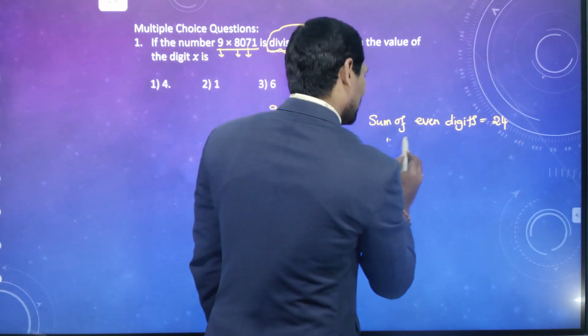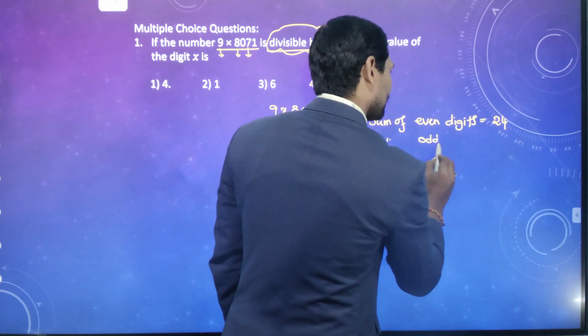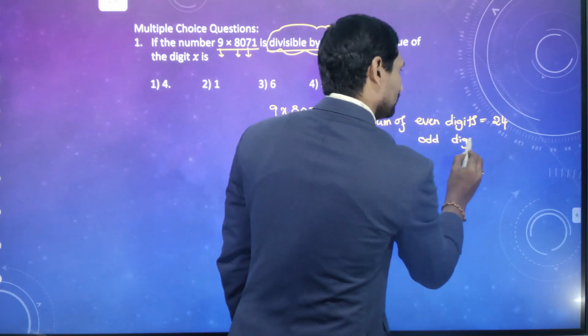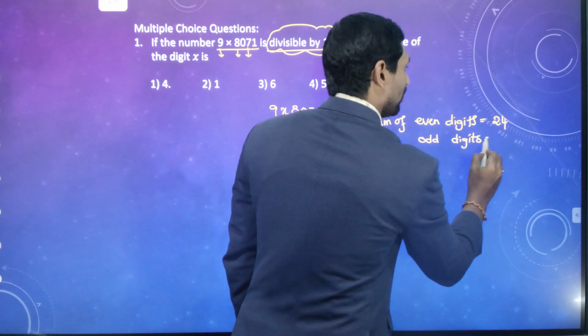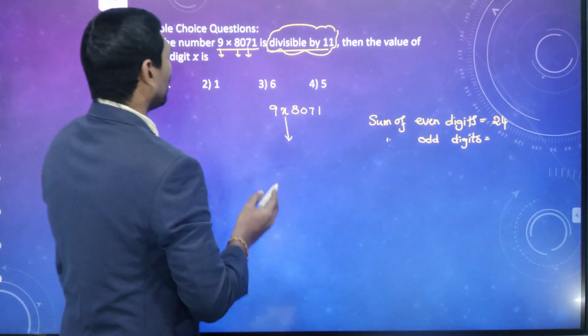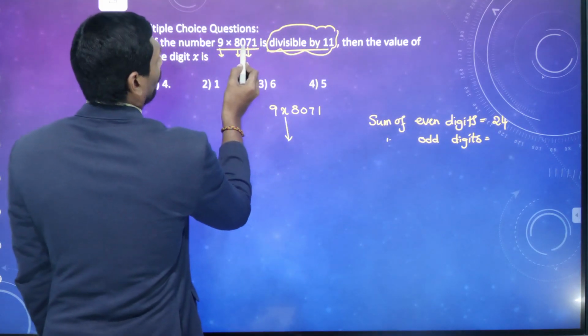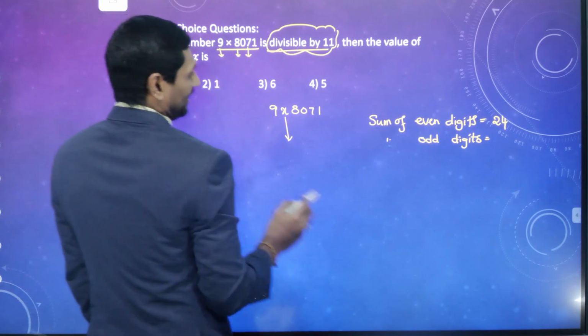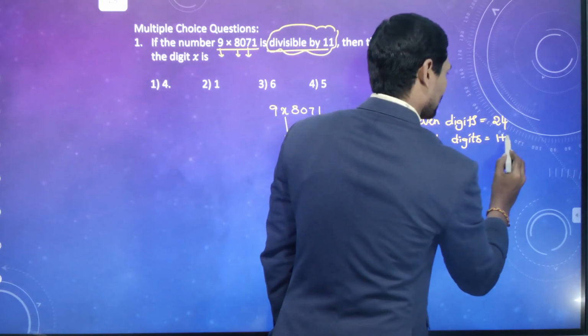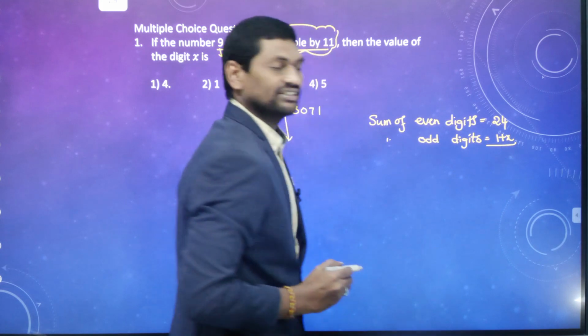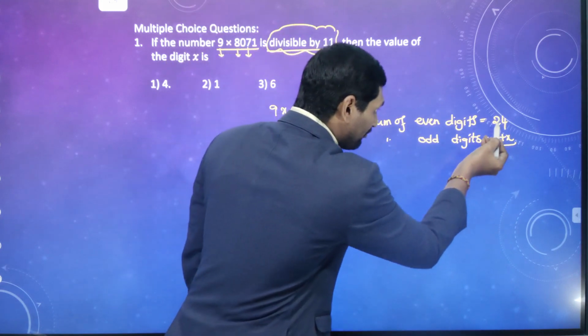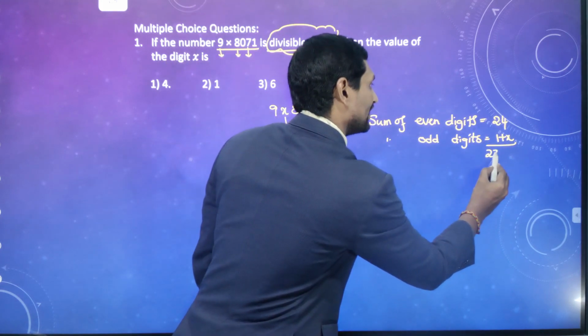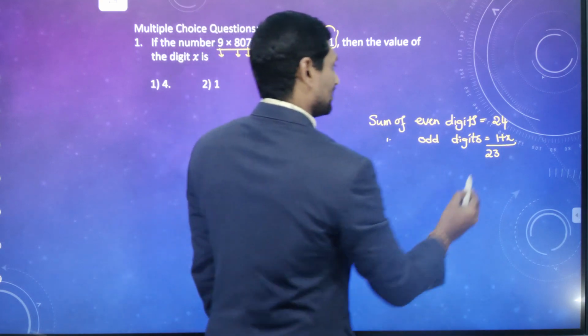Now let us check the sum of odd place digits. The odd place digits are 1, 0, 1 and x. 1 plus 0 is 1, and 1 plus x. And the difference is 24 minus 1, which is 23, minus x.